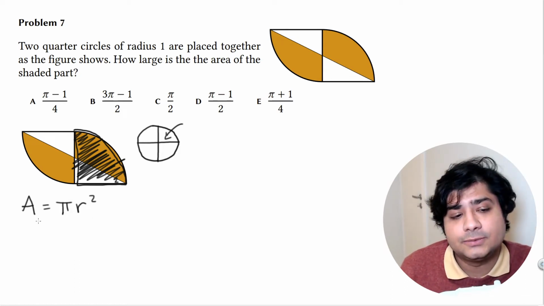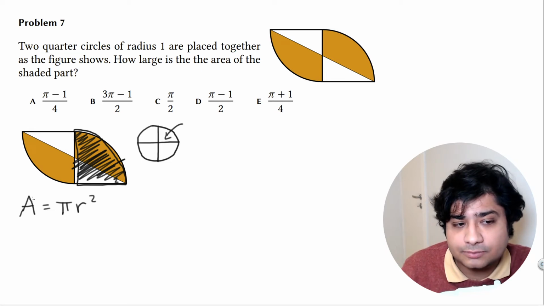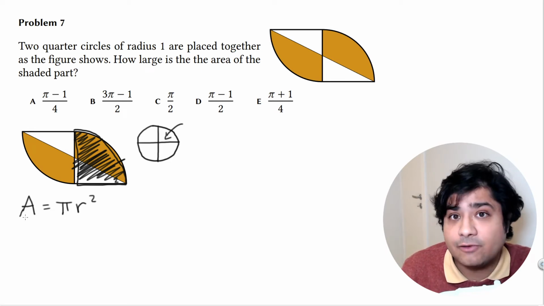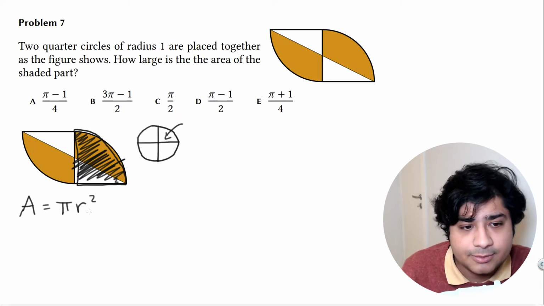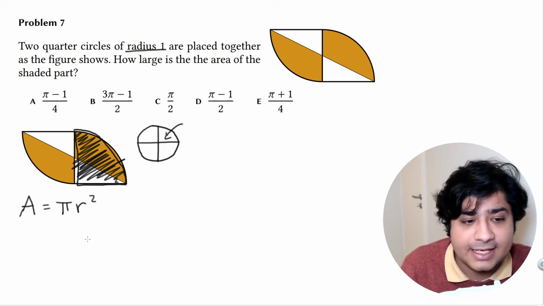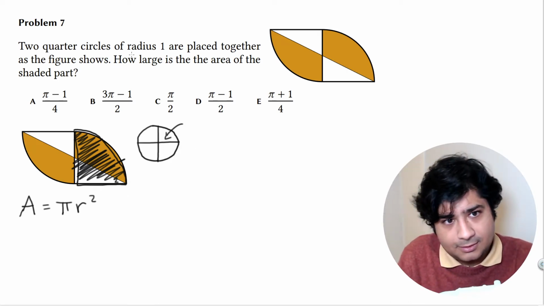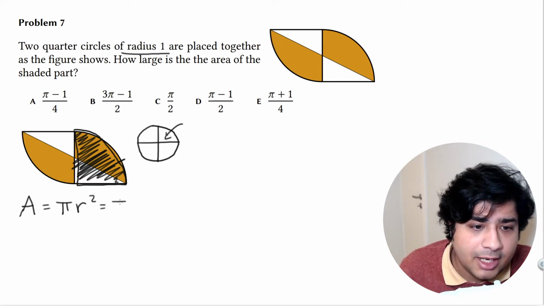I'm going to write that down so I remember it. Now I'm going to use that area formula to find the area for the entire circle here. We're lucky because the radius in this case is 1, as stated here. A little bit nicer there. So that will be pi times 1 squared, which is just pi.